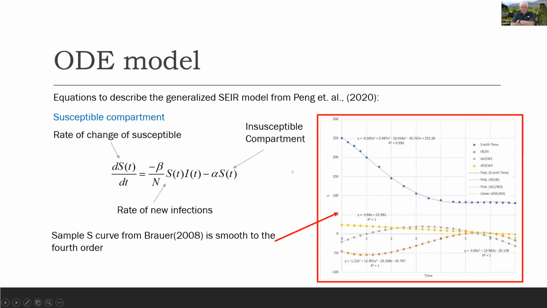So if you have a look at an ODE model, and I take one from Brouwer's book here on the right, the blue line is his S compartment. So I entered all the data and then fitted a curve to it. It's a 4th order polynomial. It fits really, really well. So it's smooth to the sort of 4th differential.